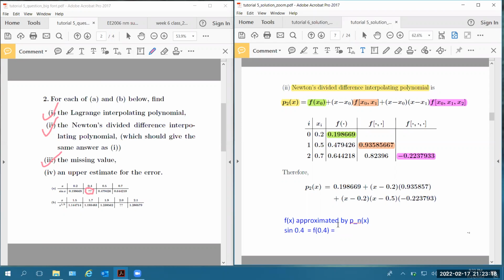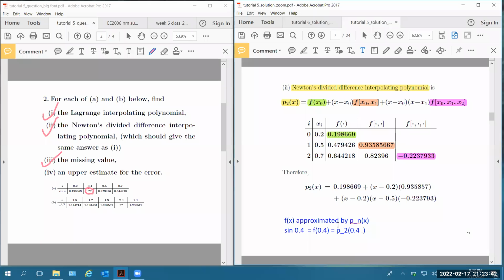So what we do here is we take our P2(x). Then your x, you go and substitute. Substitute what now, class? Your P2(x), your x, you want to substitute what? Anyone? 0.4 maybe?